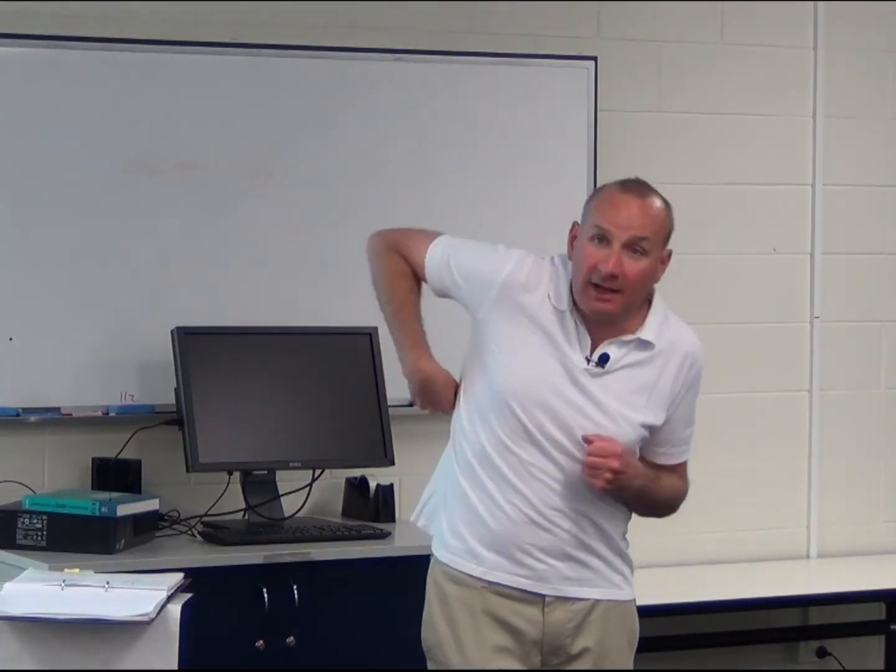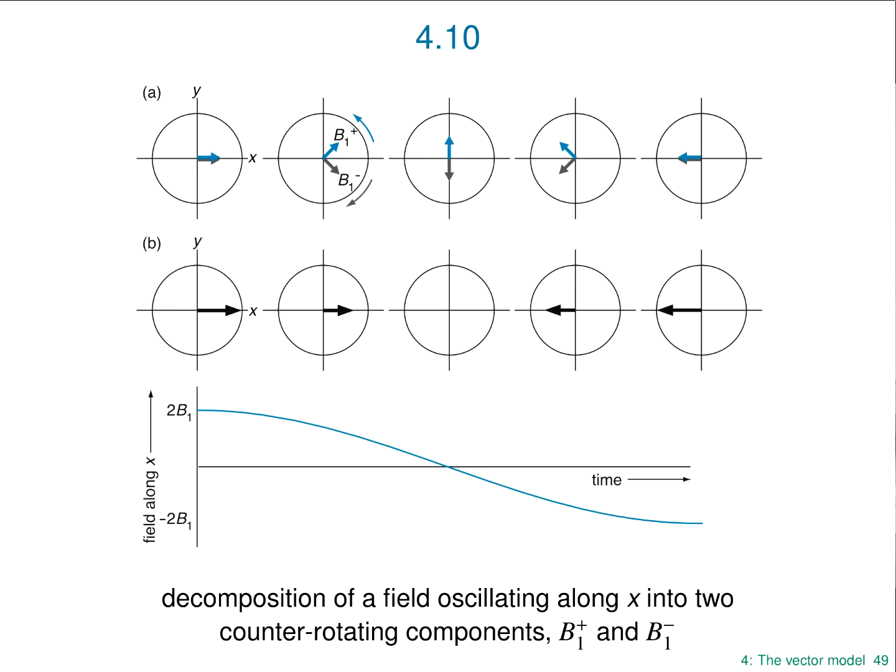It starts out at plus x, it shrinks to 0, and then it goes to minus x, and it comes back to 0 and plus x. So that would be called a linearly oscillating field along the x-axis. If you look at the graph at the bottom, that's what I've plotted there. So the line B shows exactly the graph.